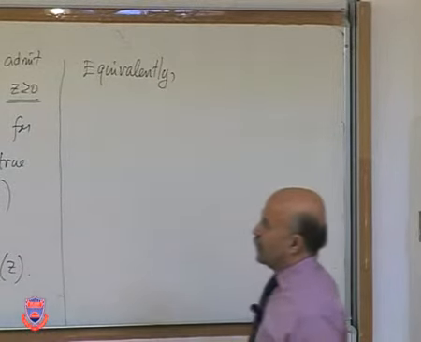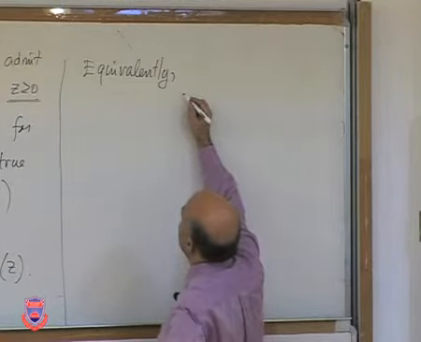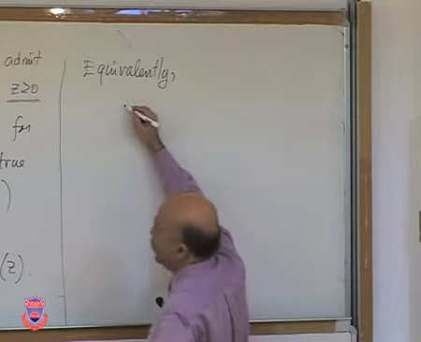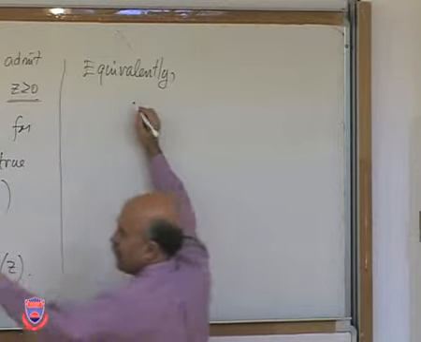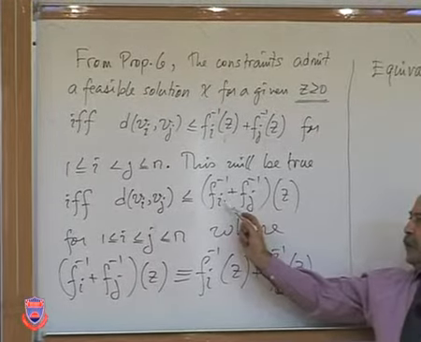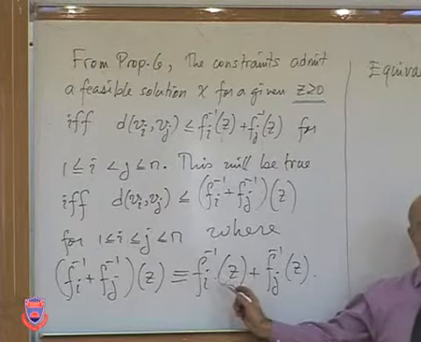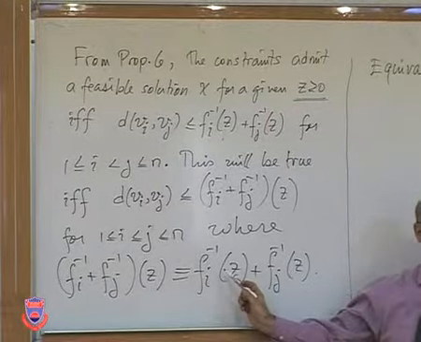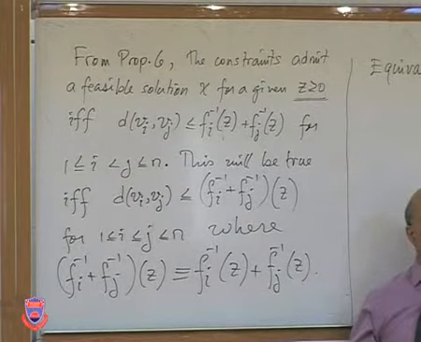Equivalently, the distance constraints will admit a feasible solution if and only if. Now, when you look here, what do I know about fi inverse and fj inverse? They are monotone increasing functions. So the sum of two monotone increasing functions is also monotonic increasing.